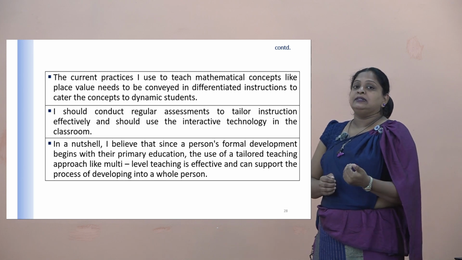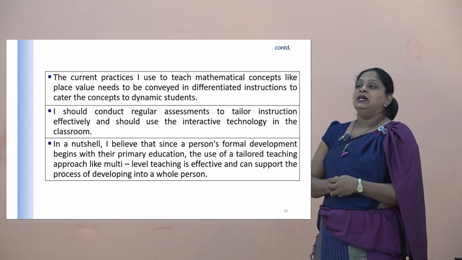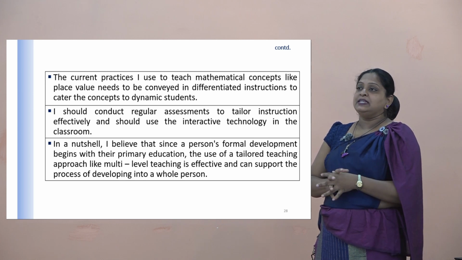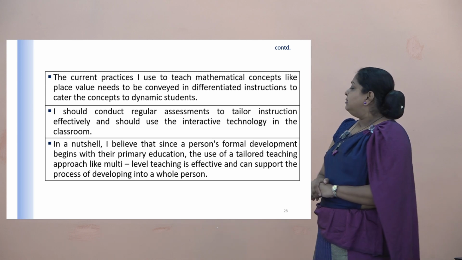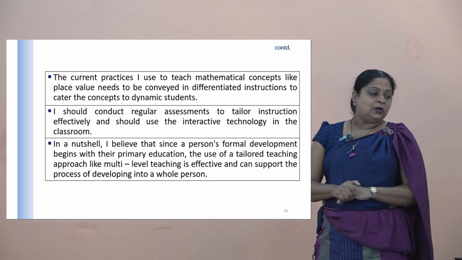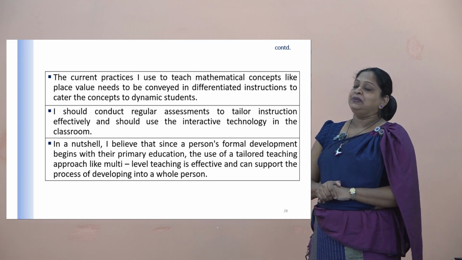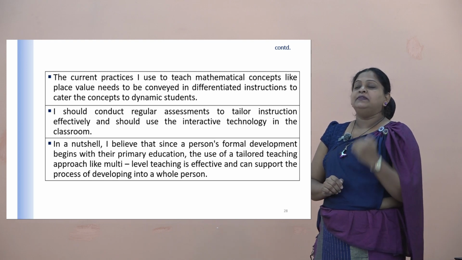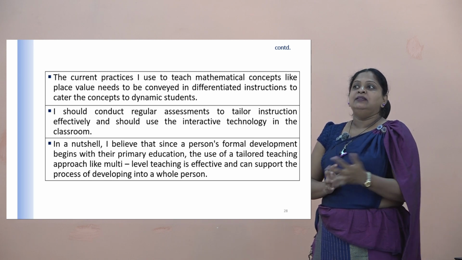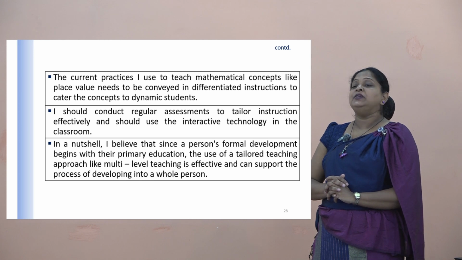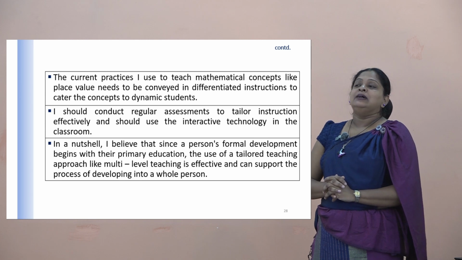I also thought of conducting regular assessment to give them continuous feedback so that they can develop on the spot rather than going without reaching the learning competencies. All in all, in a nutshell, I believe since a person's formal development starts in primary grades, we should have a tailored teaching approach to make them included in classroom education, so that we could reduce the risk of having dropouts in coming years.